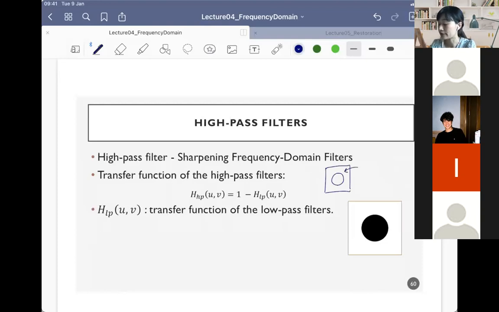The frequencies we want to pass will have a value of one, and the frequencies we don't want to pass will be equal to zero. That's why 0 is a black color and 1 is a white color. So that's how it looks in here.